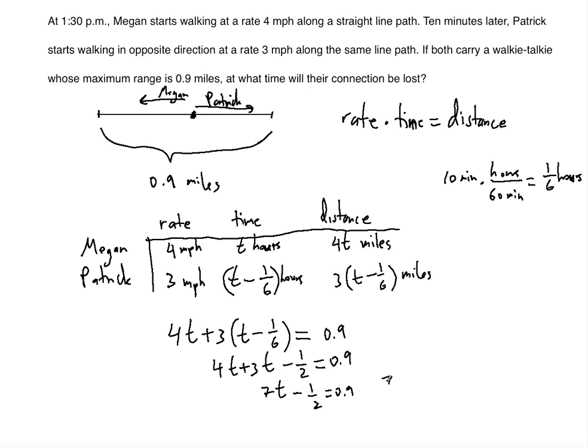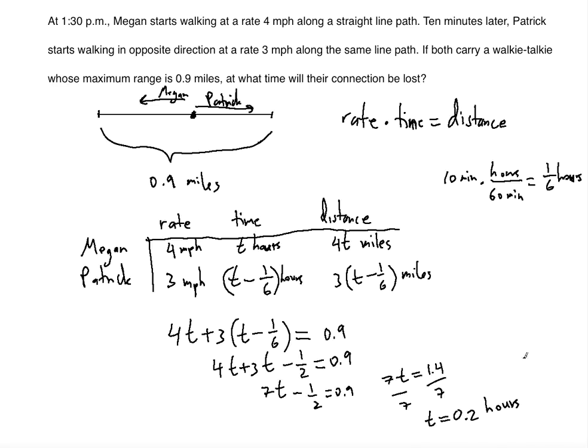So it means that 7t is equal to 0.9 plus 1/2, that's 1.4, right? Because 1/2 is 0.5, so 0.9 plus 0.5 is 1.4. Dividing both sides by 7, t is equal to 0.2.